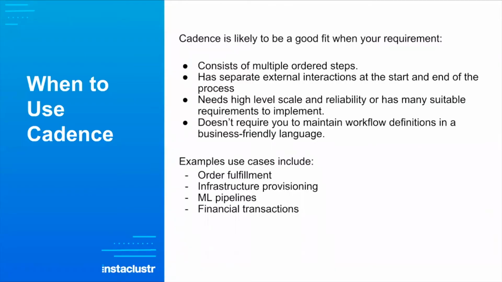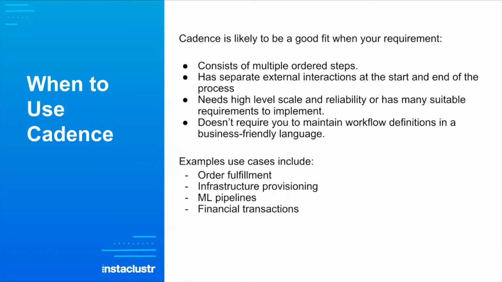So before I dive into a bit more about how Cadence works, just a little bit about what the signs are that Cadence is a good fit for your use case and your requirement. For me, I'd boil that down to, you want a requirement that consists of multiple ordered steps.